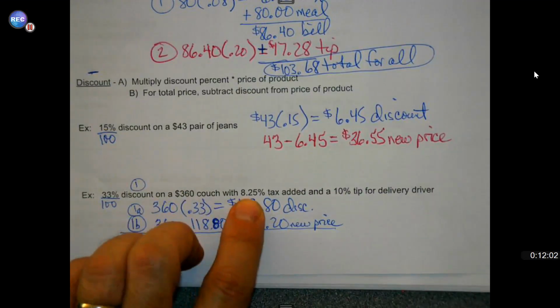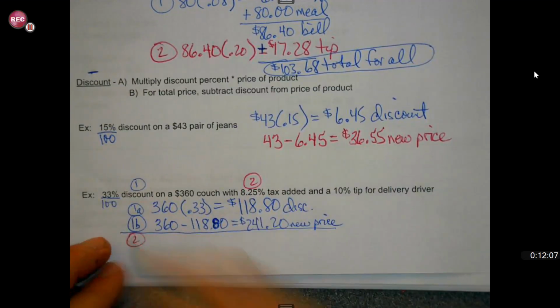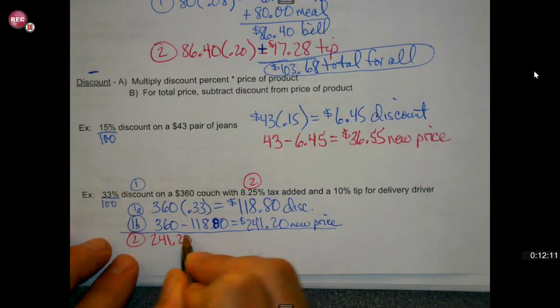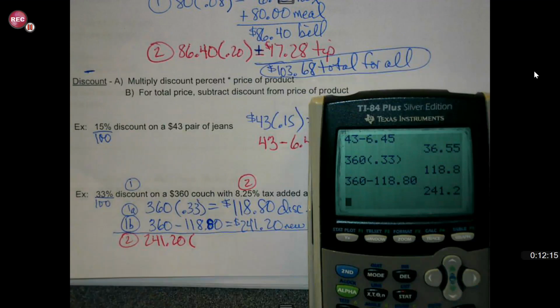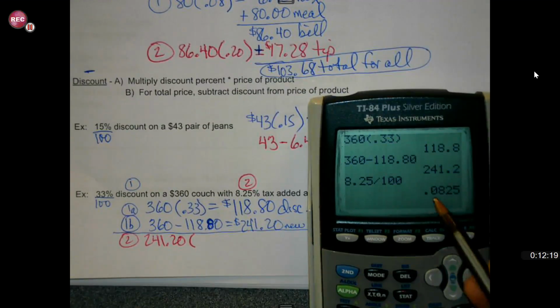Now we got to pay tax. Okay, that's next. Take my price. Even though it looks like it's already a decimal, it is not. 0.0825, and we can't lose the decimals here. I can't just use 0.08.